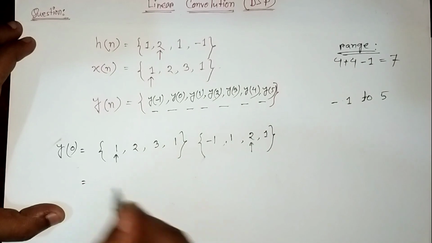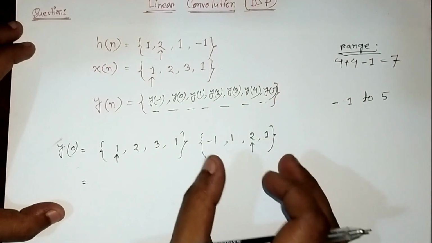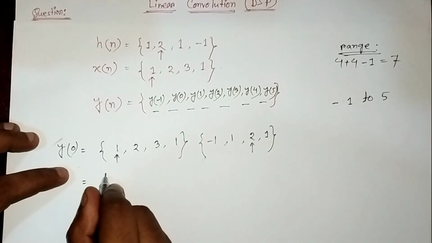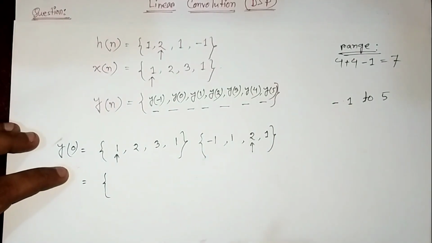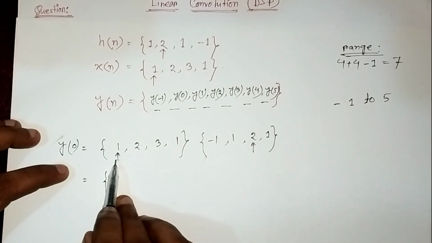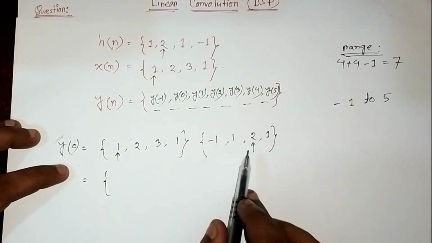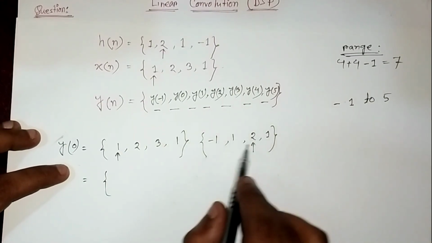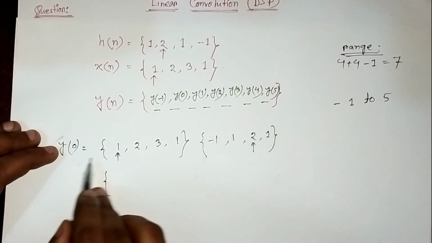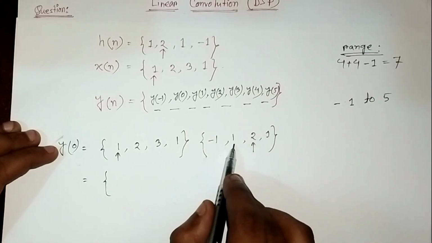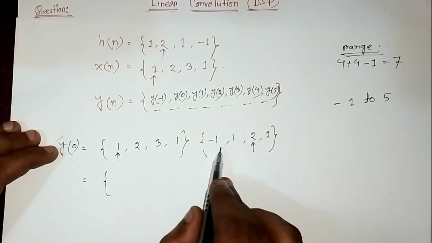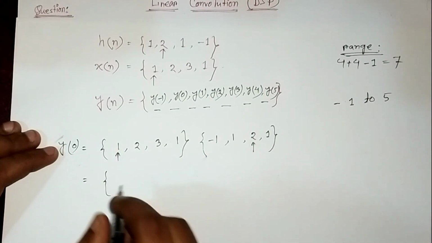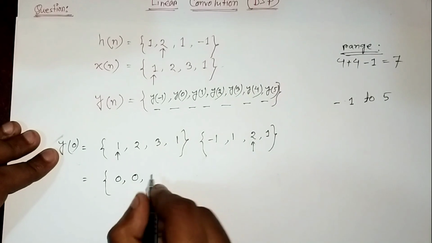Now as we have folded the impulse sequence, we'll zero pad the whole thing. How to zero pad? Remember that you always have to match the position of this arrowed component. As you can see, there are no numbers on the left of this arrow, but there are two numbers on the left of this sequence's arrow. To compensate for this, I will add just 2 zeros.